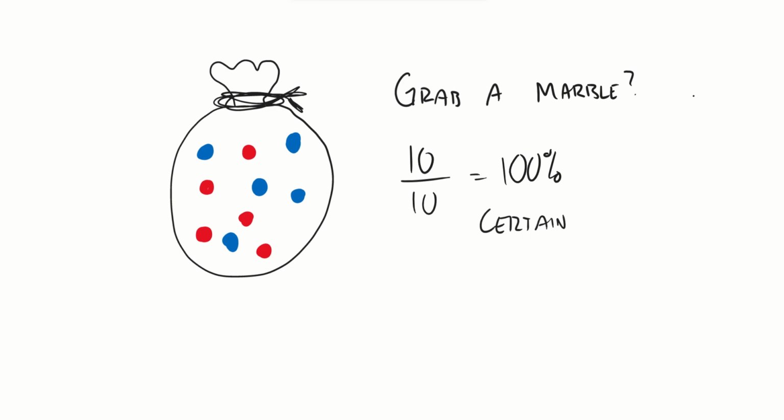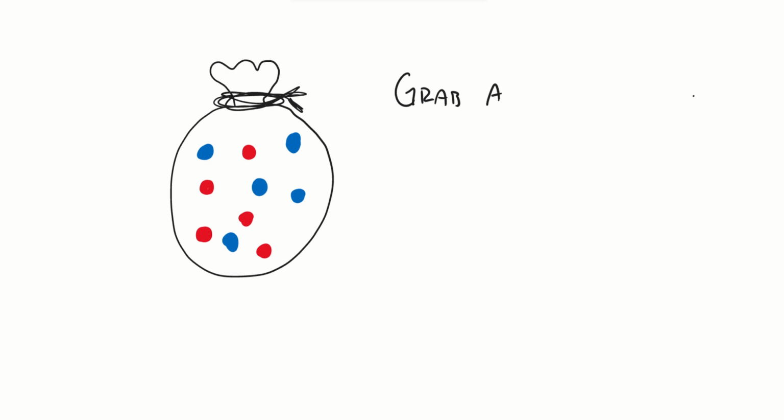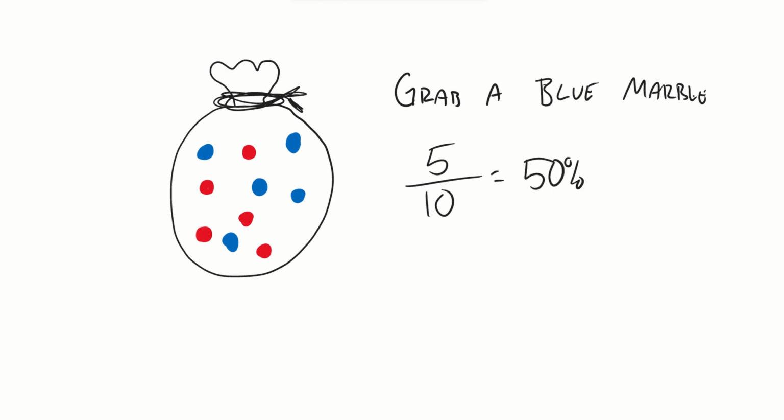It will happen. I bet you could guess what I'm going to say by saying grab a blue marble. Well, there are 5 blue marbles out of a total of 10 total marbles. That's a 50% chance. So it's just as likely to happen as not.